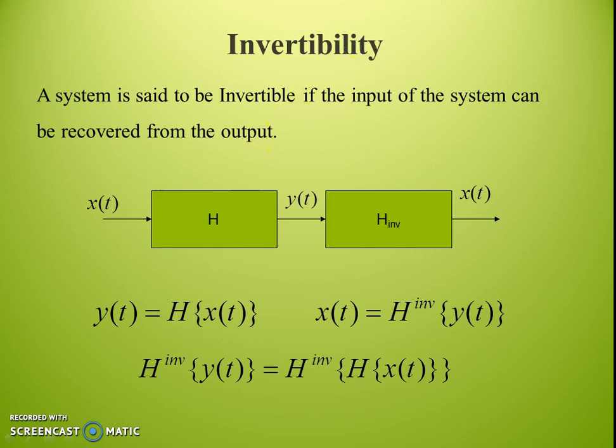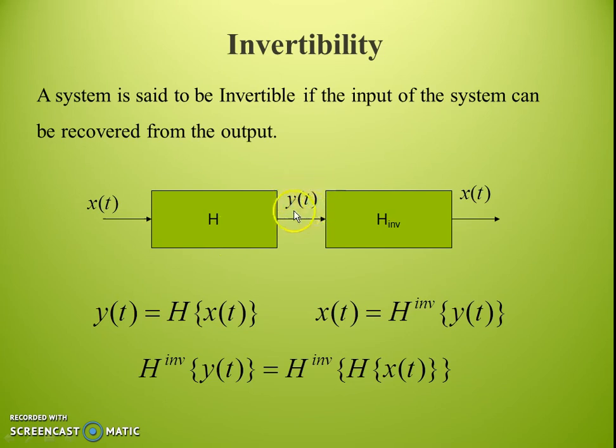Okay, let's try to understand the next concept of invertibility. So we say a system is invertible if the input of the system can be recovered from the output itself. So if we try to understand over here, input is x of t. It is fed to a system with a function h, and the output is y of t.